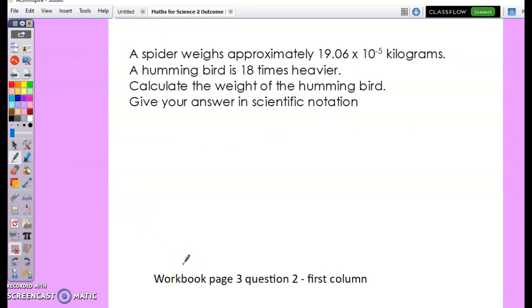Next one then. A spider weighs approximately 19.06 times 10 to the power of minus 5 kilograms. A hummingbird is 18 times heavier. Calculate the weight of the hummingbird. So the hummingbird is 18 times heavier than the spider, so I need to times that by 18.